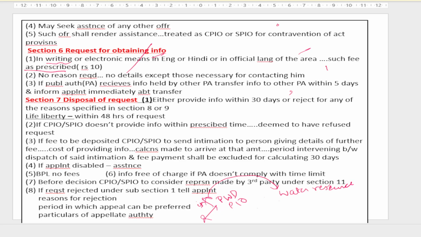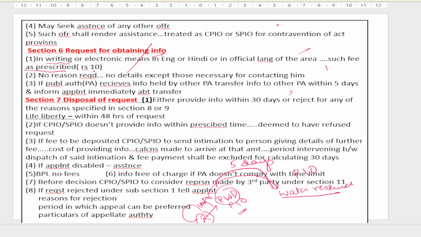Due to lack of knowledge, the applicant has filed an RTI application with the PWD. Now the PIO of the PWD will transfer the RTI application to the PIO of the Water Resources Department within a period of 5 days, and will also inform the applicant immediately about such transfer.